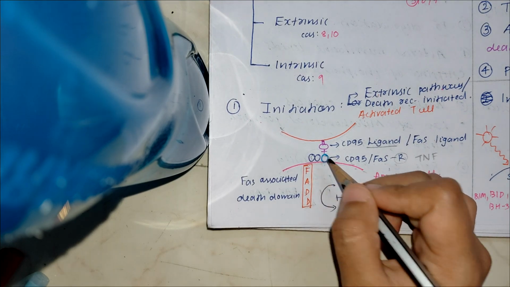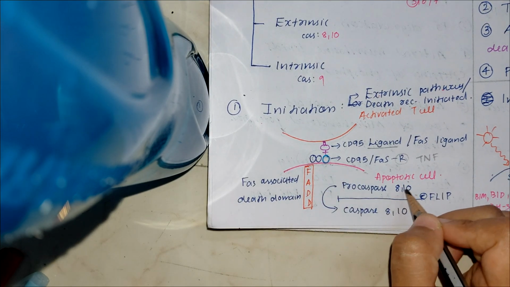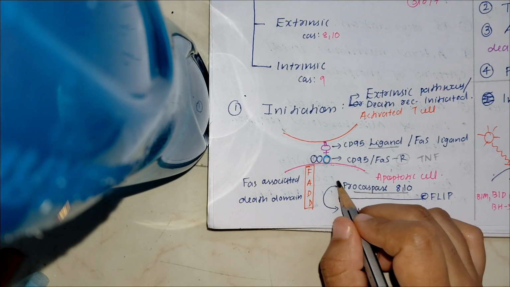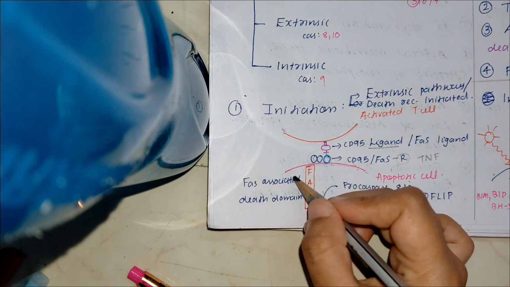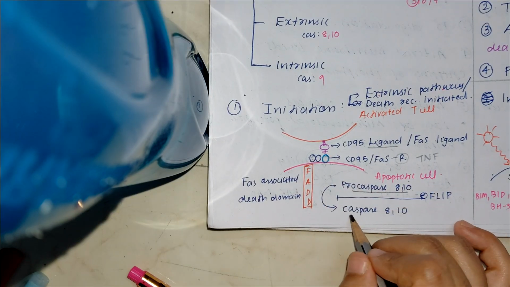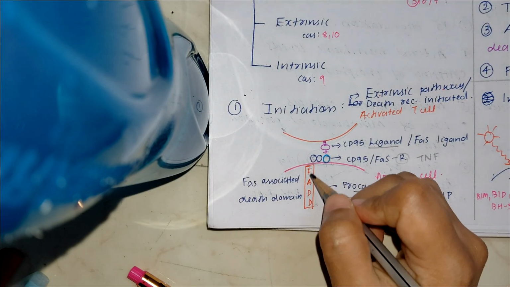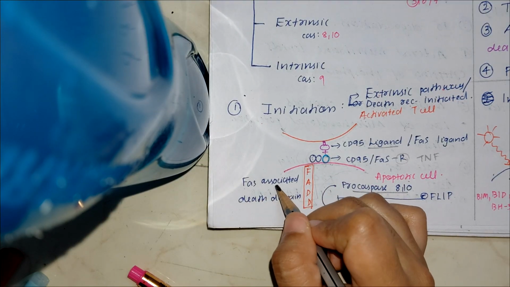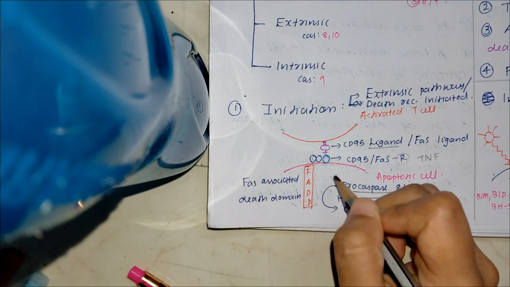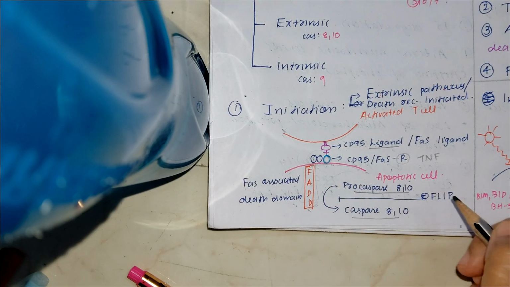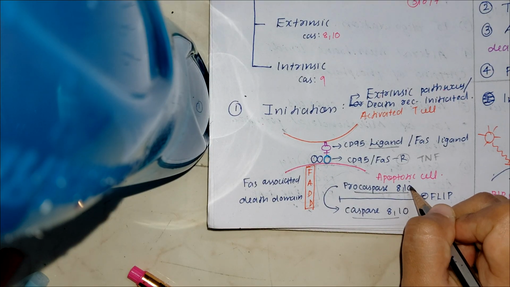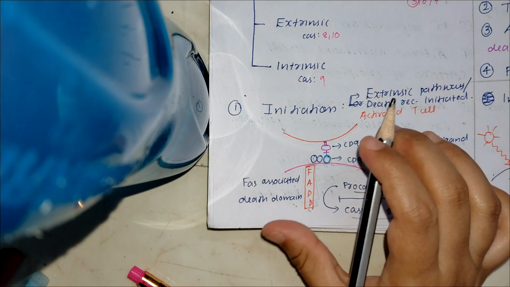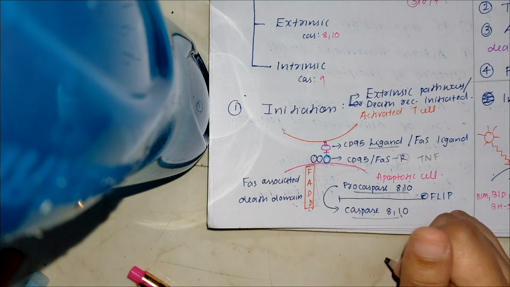After trimerization, this adaptor protein binds with pro-caspase 8 and 10, and FADD will activate them into caspase 8 and 10. FADD is FAS Associated Death Domain. Its function is to bind with pro-caspase 8 and 10 and make them activated caspase 8 and 10. So that is the initiation, extrinsic pathway.